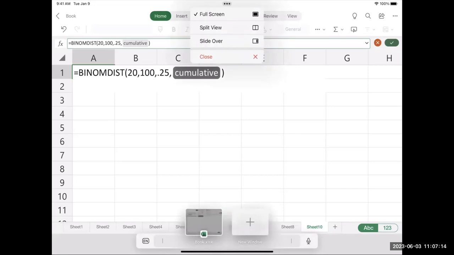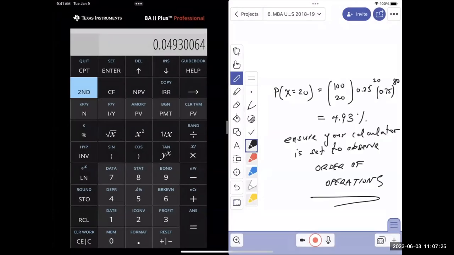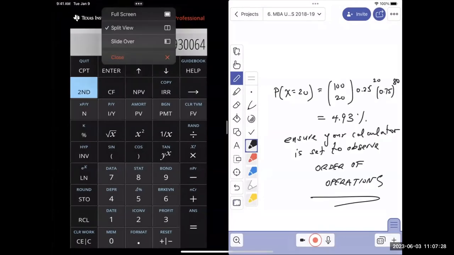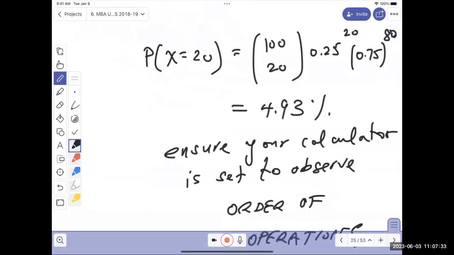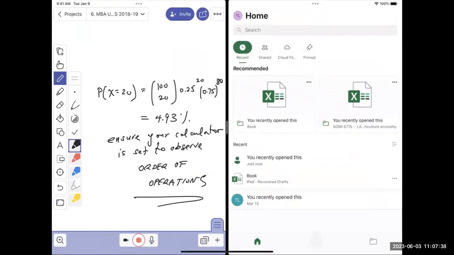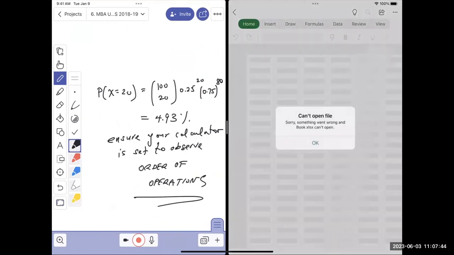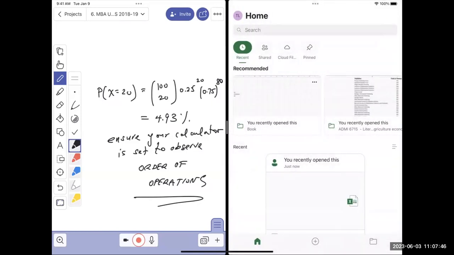The question being, let me go back to, let's get rid of this. So I want to add in my Excel. There you go. Oh, what happened? I lost my Excel.